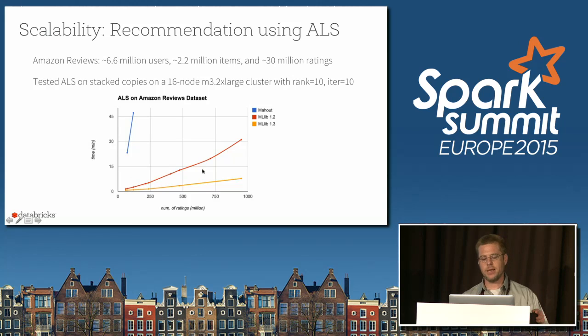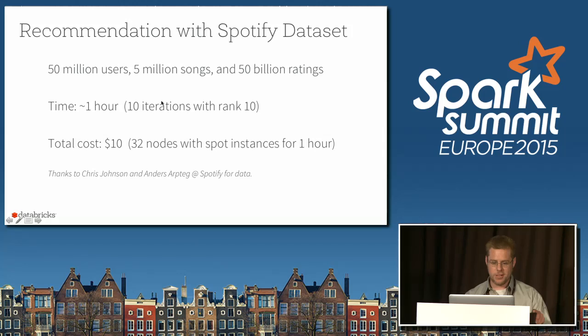Whereas with MLlib, we had somewhat better performance, it's vaguely linear-ish, in 1.2, and with improvements in 1.3, we have something that looks, at least to the eye, pretty linear, and it also scales a lot nicer than even the previous generation of the ALS in Spark. Especially when you compare the time for the Mahout computation to the MLlib version of the same thing, doing a lot of crunching for a lot less money.